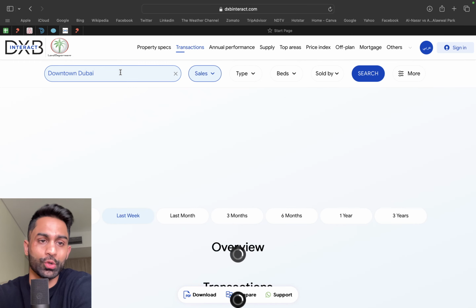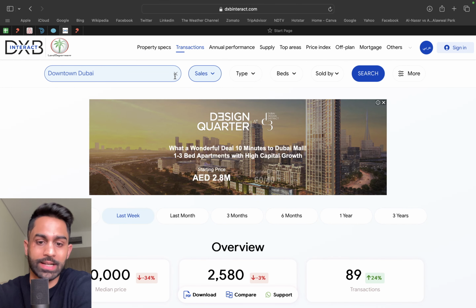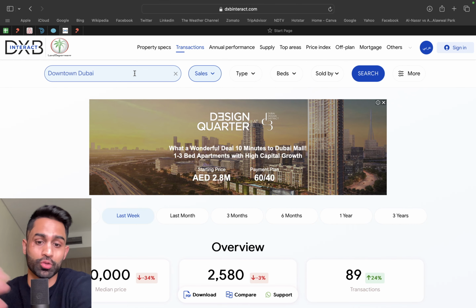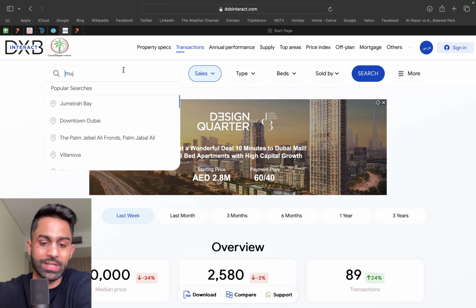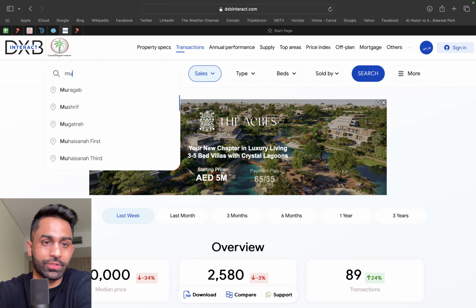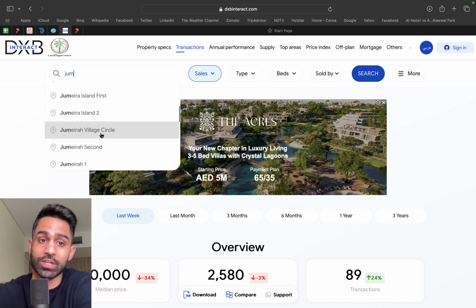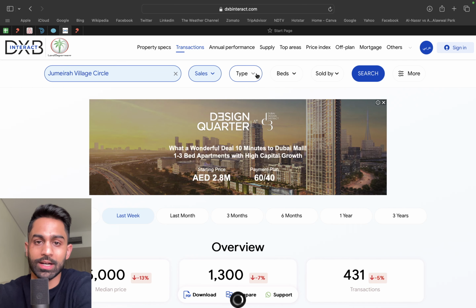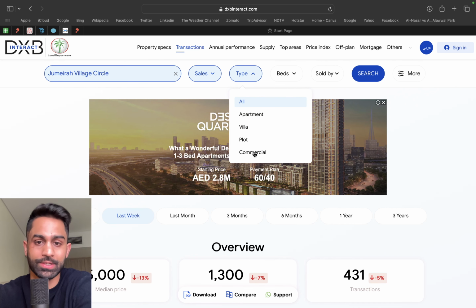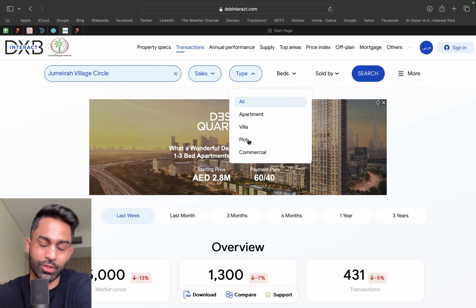And if you go over to transactions, one of the areas that I'm actually looking at is JVC, right? That's Jumeirah Village. So if you click over here and type in JUM and come down a little bit, that's going to be Jumeirah Village Circle. So that's JVC. You click on that. Sales, the type, right? Apartment, villas, commercial, or plot. Plots is another word for land.